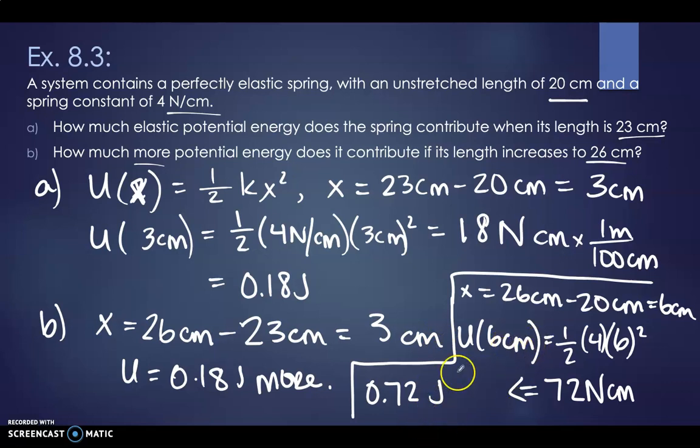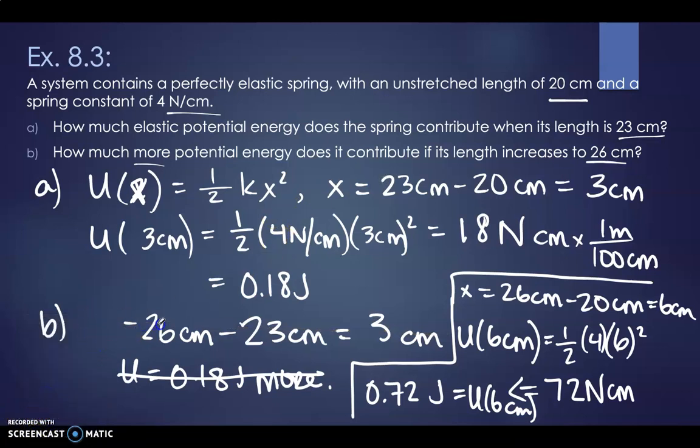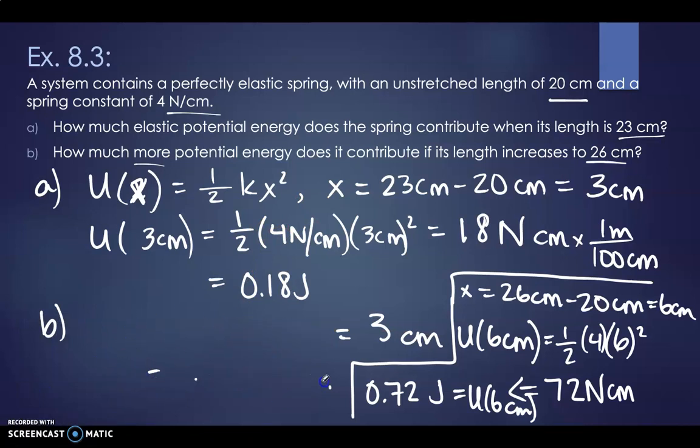joules. So basically, what I said in the first portion is not correct. Our potential energy at 6 centimeters is 0.72 joules. We want to know how much more that is than our first calculation.